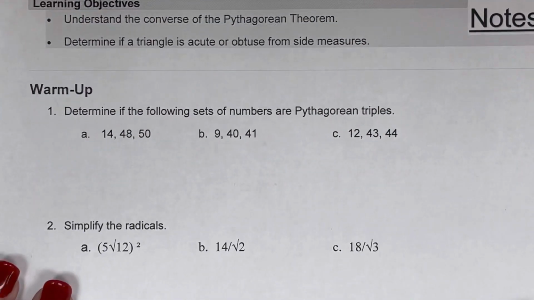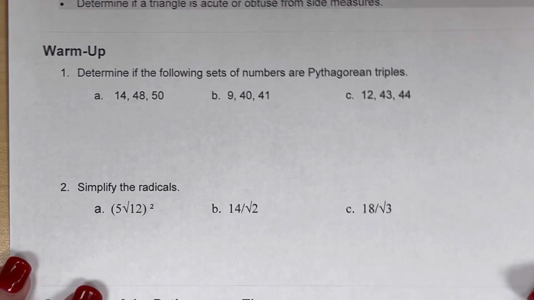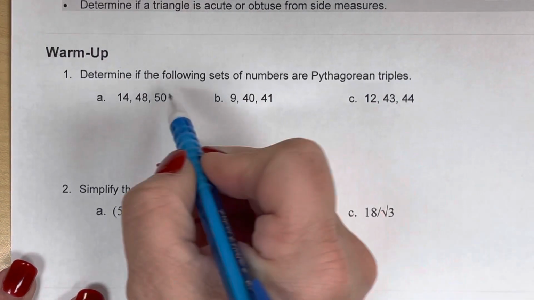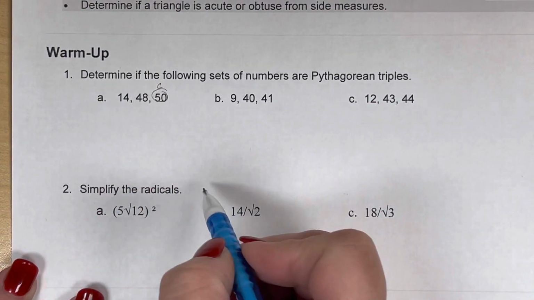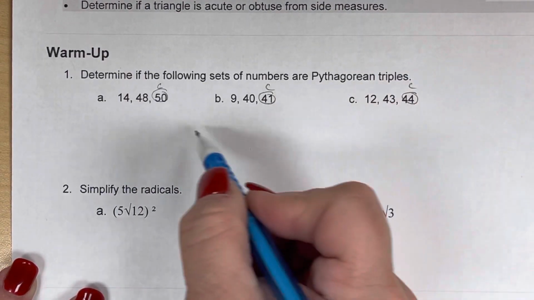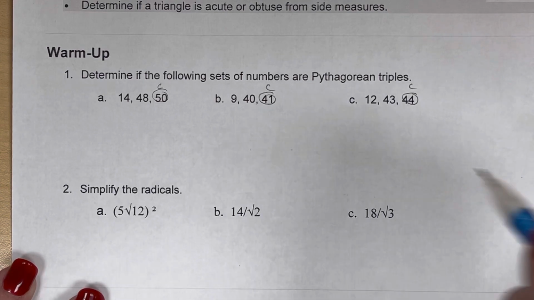Okay, so for the warm-up, we need to determine if the following sets of numbers are Pythagorean triples. Remember, your largest one is always going to be your hypotenuse. It just happens to be the third one in the row on each of these, so that's good.